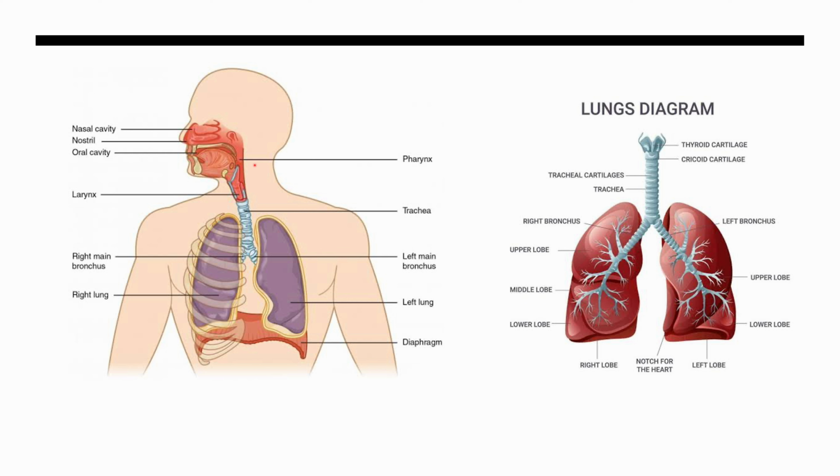The main organs it involves are the nose and nasal cavity, where the air enters, and the pharynx and larynx, also known as the throat and voice box, which lead to the trachea, a windpipe. Then come the primary and secondary bronchi, and also tertiary and further branches, where air leads into the lungs, and finally the lungs themselves, where the gas exchange happens.